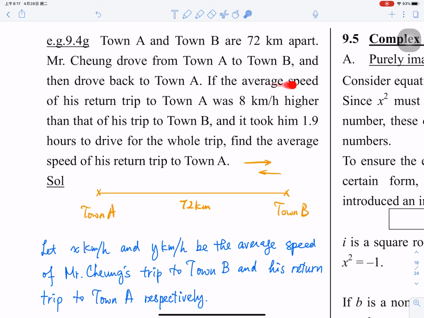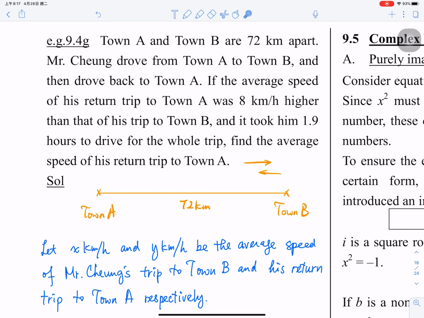If the average speed of his return trip to town A was 8 kilometers per hour higher than that of his trip to town B, and it took him 1.9 hours to drive for the whole trip.